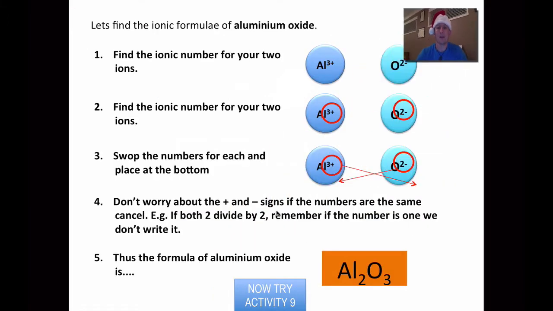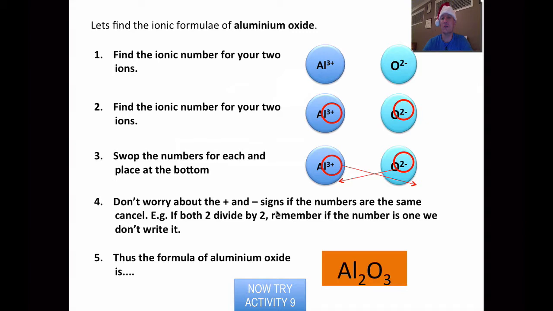Let's very quickly run through what you do again. Find the ionic number for your 2 ions, 3 and 2. Swap the numbers for each and place them at the bottom. Don't worry about the negative or positive signs. One thing you do need to remember, and this is the example in number 4, is that if you've got ions which have the same number, for example a cation which was 3 and an anion that was 3, we divide by 3 to make 1.